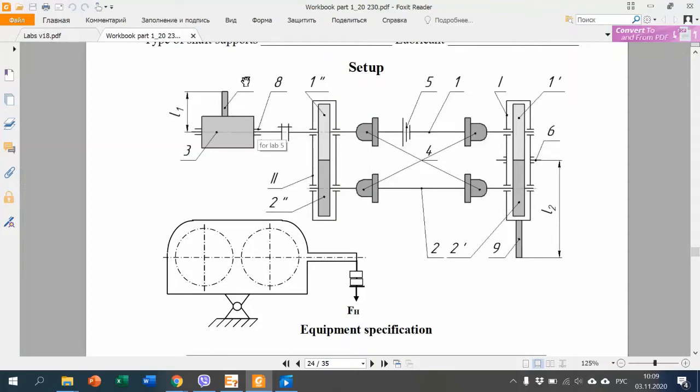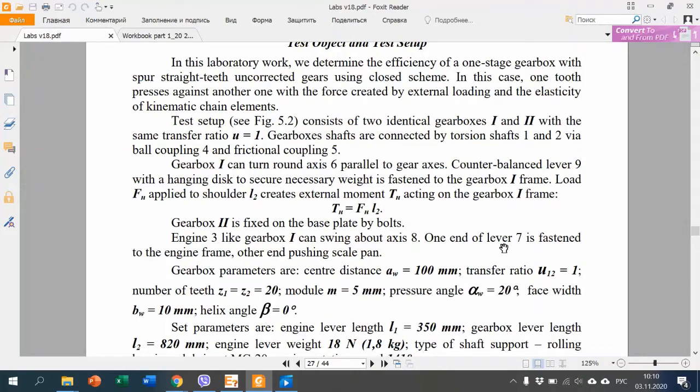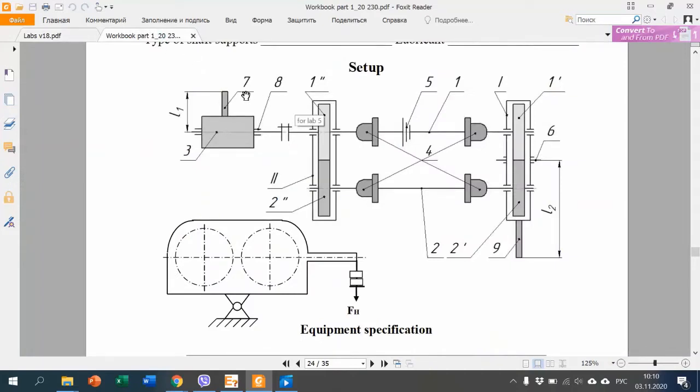7 and 9 are levers. Lever 7 and lever 9.